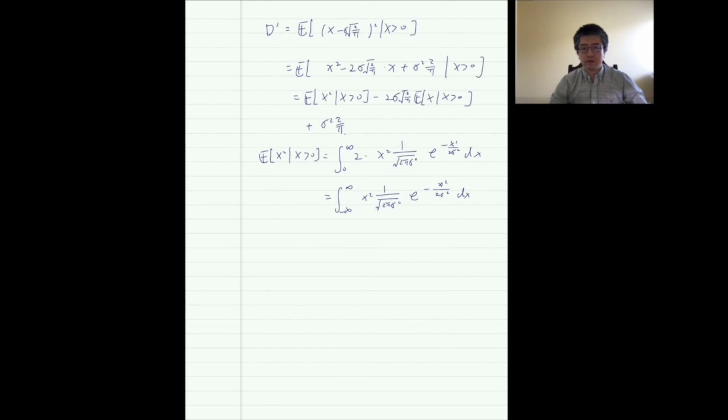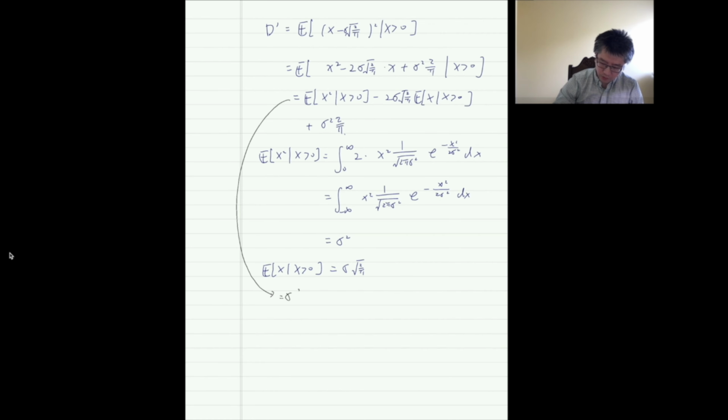Okay, and clearly this is the definition of computing the variance, right? Therefore, this equals the variance, and we have computed this before, just now, so that equals this guy. Therefore, now we can write this as sigma squared minus 2 sigma square root of 2 over pi times sigma, and then add 2 over pi sigma squared, right?